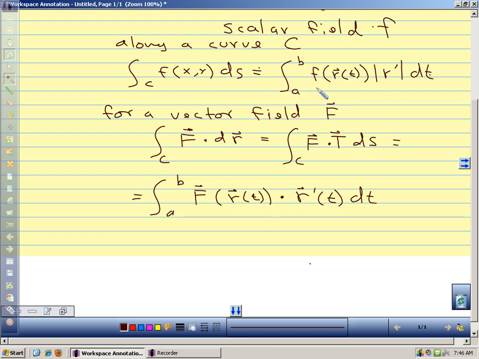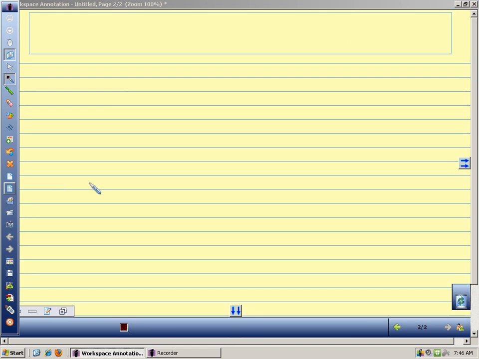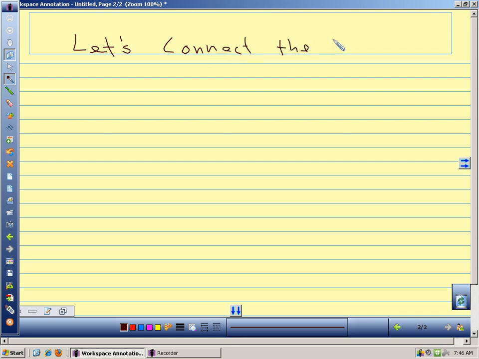In the end, when we evaluate this integral, we get a scalar, and when we evaluate this integral, we get a scalar. So each one is a scalar, and they're a similar thing. Let's figure out how they're related. Let's connect the two of these.